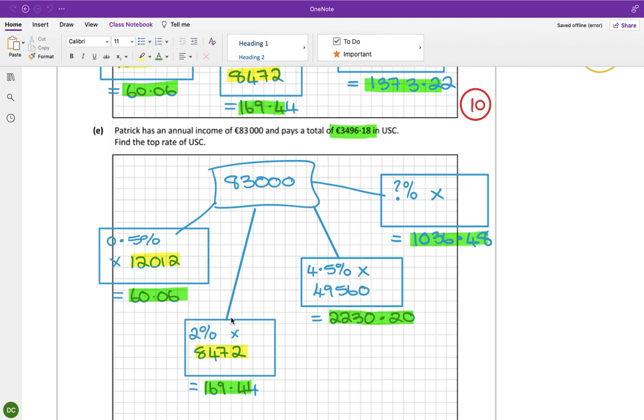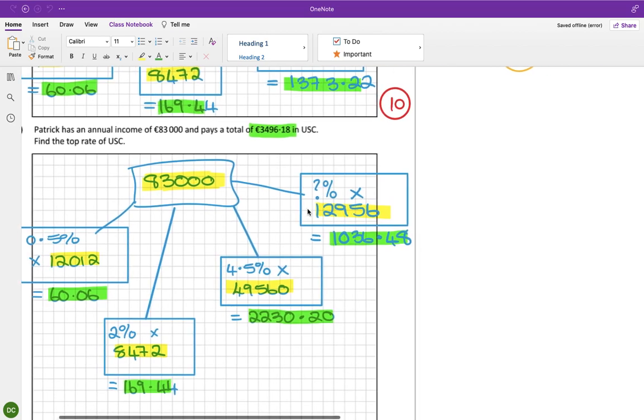This is Patrick's money, and they should all add up to that. So I can do 83,000 minus 12,012 minus 8472 minus 49560, and that leaves me with 12,956. And we're trying to find the percentage.